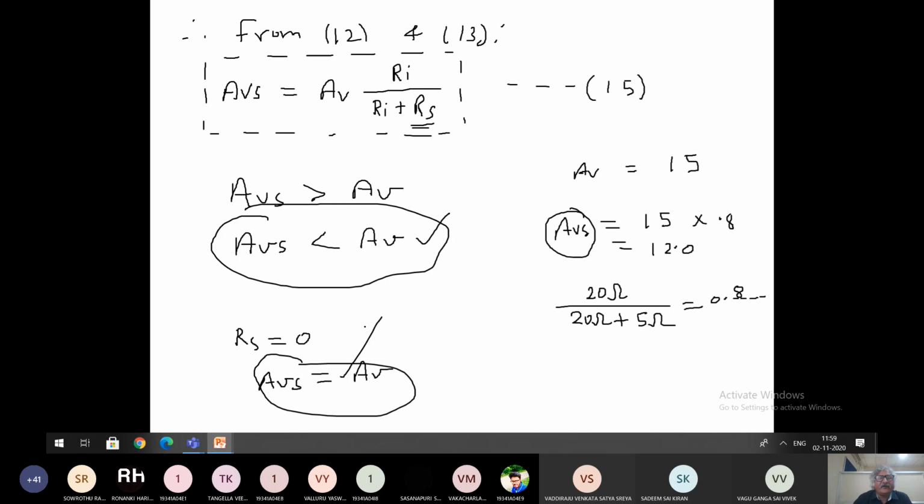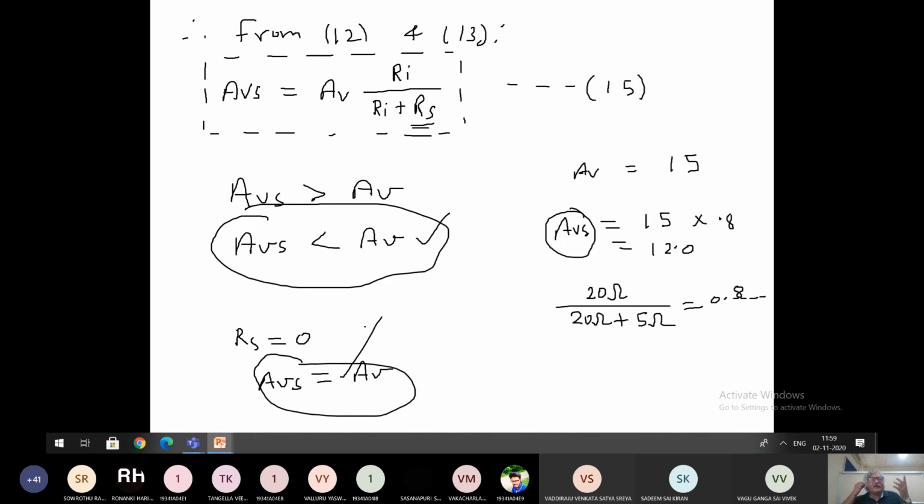Correct or wrong? If you are designing a voltage source in such a way that the Rs value is very small, your overall voltage gain is increasing, right? That's why I said that a voltage source ideally should have zero resistance, because if its resistance is 0, the overall voltage gain increases.